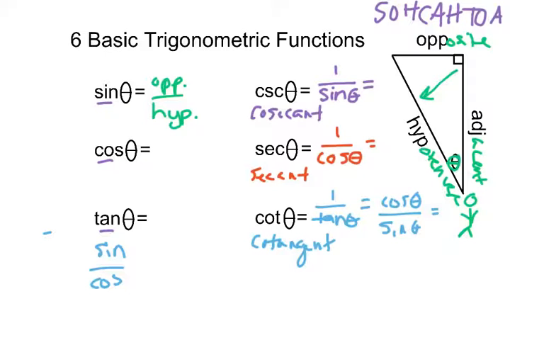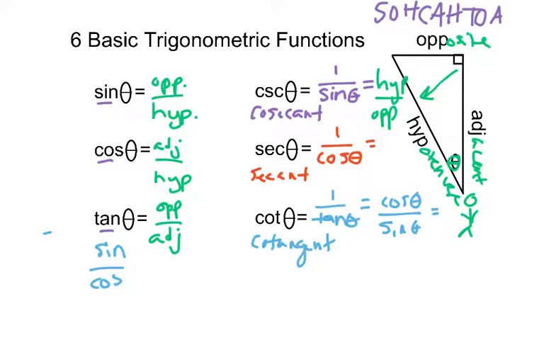Cosine is then adjacent over hypotenuse, and tangent, as the SOHCAHTOA acronym says, is going to be opposite over adjacent. Alright, moving on to cosecant, it's going to be the flip of sine, so you just need your hypotenuse over the opposite.